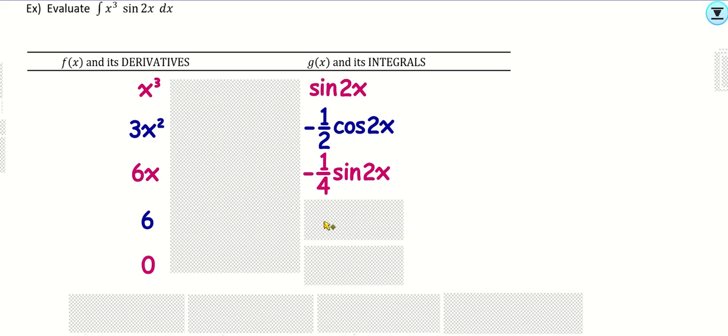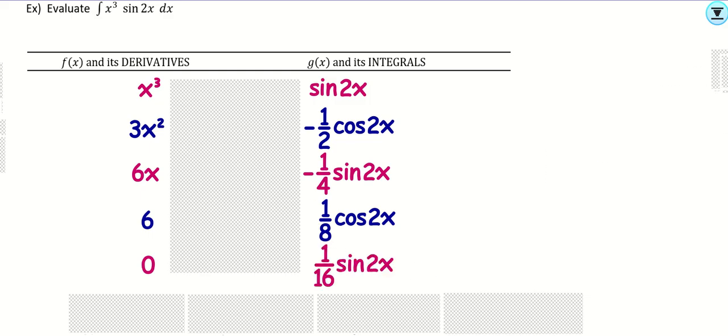And then when we integrate again, we'll end up with positive 1/8 cosine of 2x, because another 1/2 multiplied out in front. And then integrating one last time, we get positive 1/16 sine of 2x. So that's all the integrals.